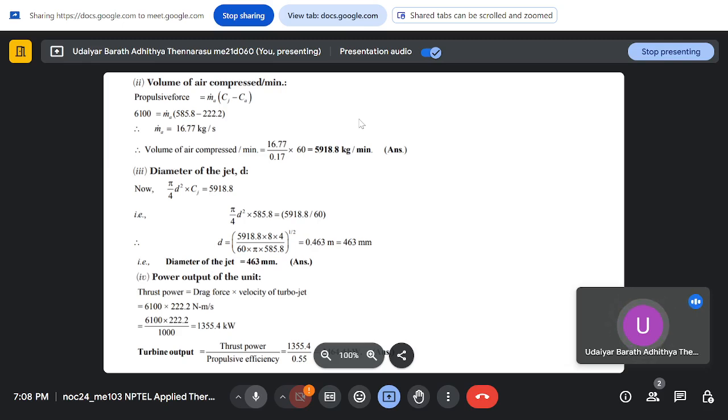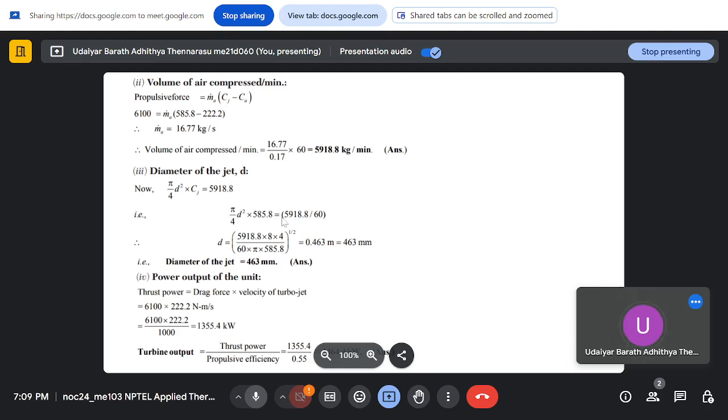Next we need to find out the diameter of the jet. For that, I know the exit velocity, and the cross sectional area into velocity gives me the volume flow rate. So the volume flow rate, 5918.8, which you have found out, equals pi by 4 d square into jet velocity.